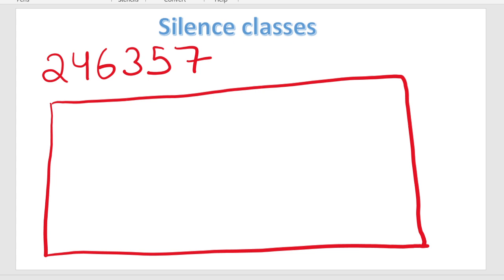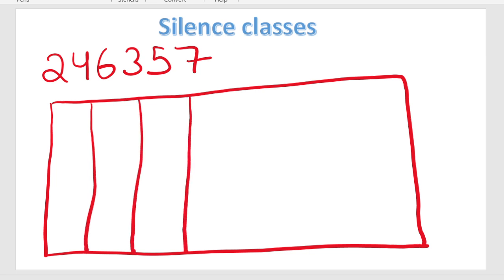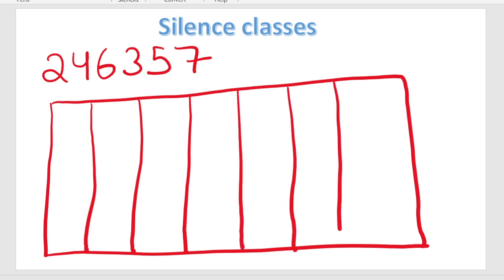You have to count the digits, 1 2 3 4 5 6. You have to draw lines like this, 1 2 3 4 5 and 6, means you have to make 6 boxes.